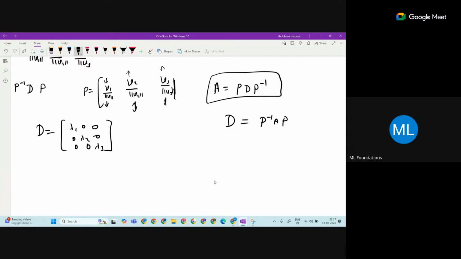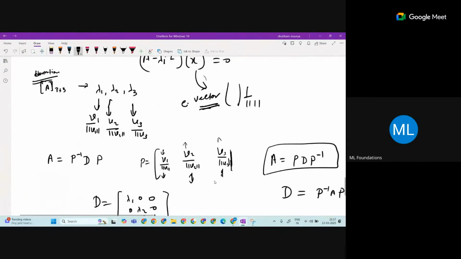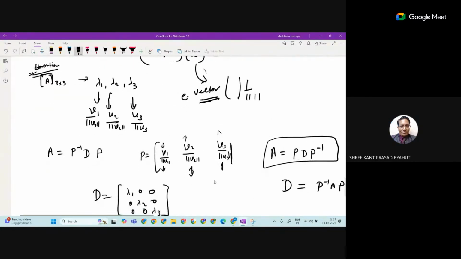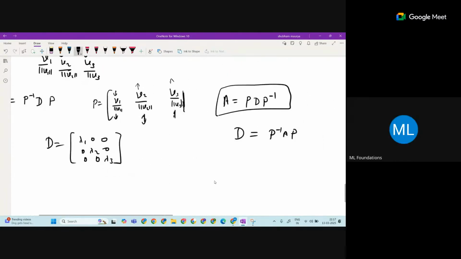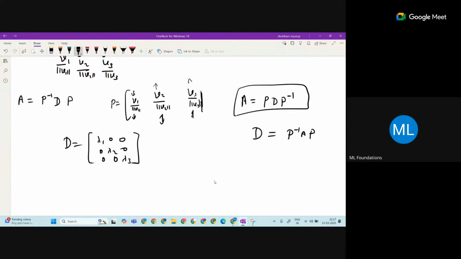Here we are taking the Hermitian case, where P star, we can say A star, is Hermitian. So in this case, this P is going to be a unitary matrix.